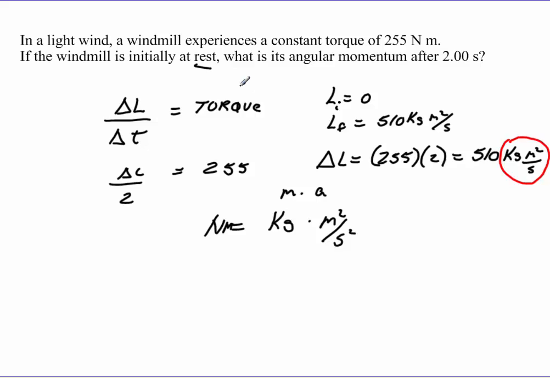Now if I multiply that by seconds, what happens? You get exactly the same thing. But traditionally, this is the typical unit. So you just distribute the seconds into the Newton meter. Yes, kilogram, yes.